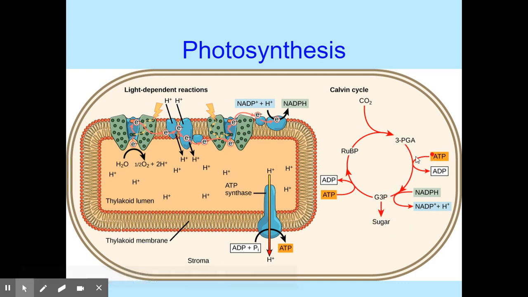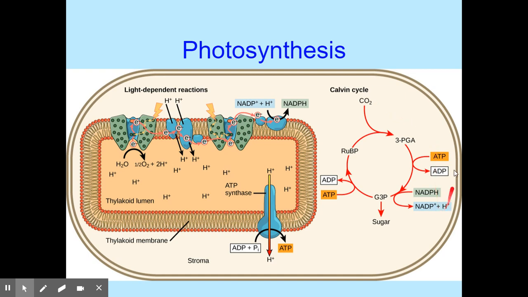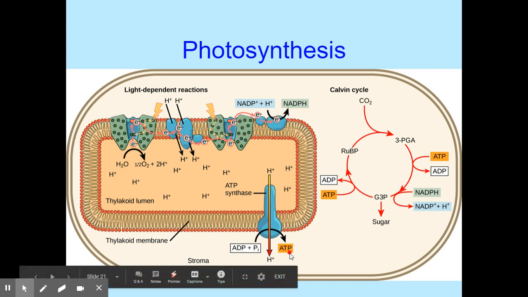As it uses up this ATP and this NADPH, that stuff, once it's used, is floating around out here in the stroma again to be used once again in the light dependent reaction, as long as there's light, to make NADPH and ATP over and over again.